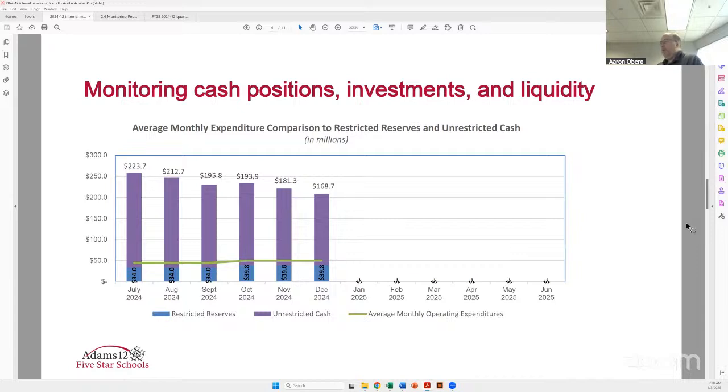Here, again, we're in compliance with the restriction that we do have significant enough funds to cover the average monthly operating expenses as required under the policy.